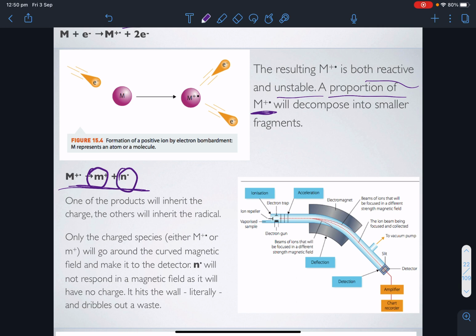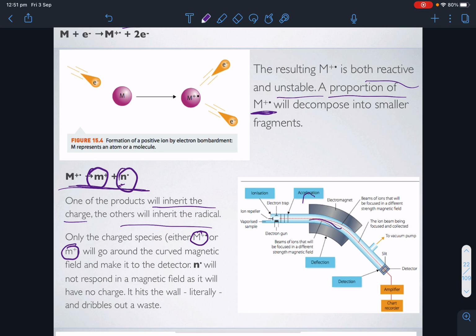So one will inherit, I like the word inherit, the charge. The others will inherit the radical. Okay, only the charged species, which is either our original cation radical or one of these charged fragments, not the other one, will then interact with a magnet.